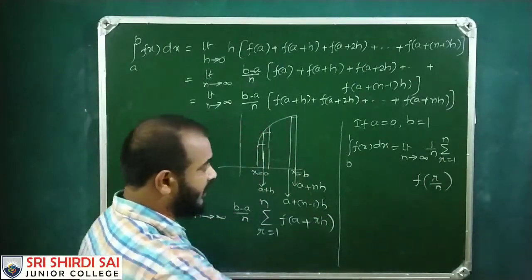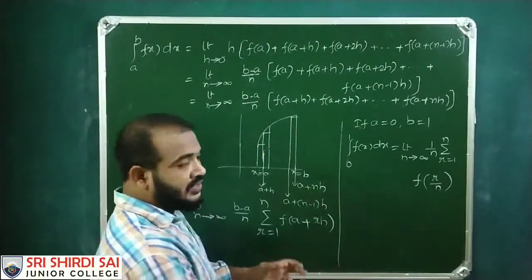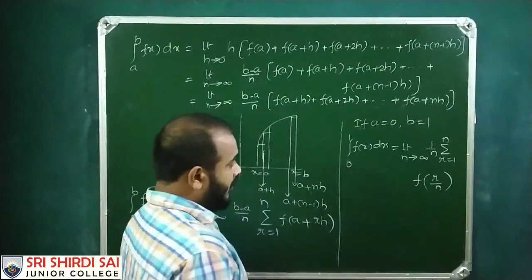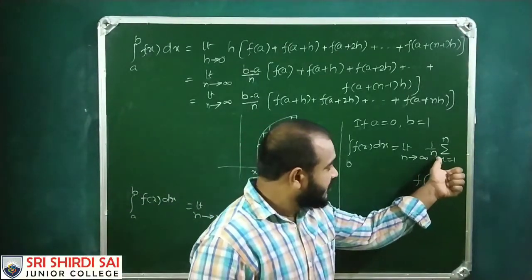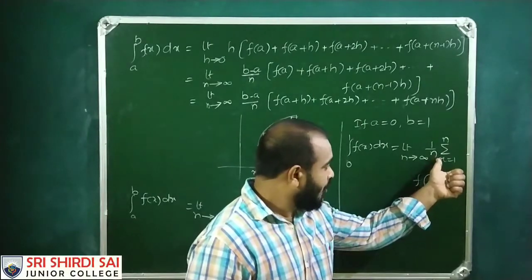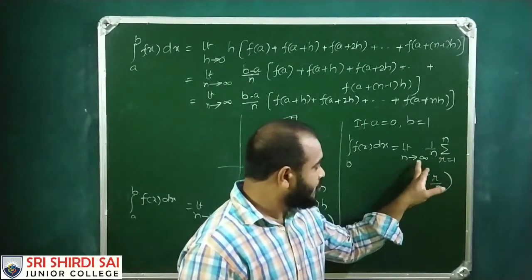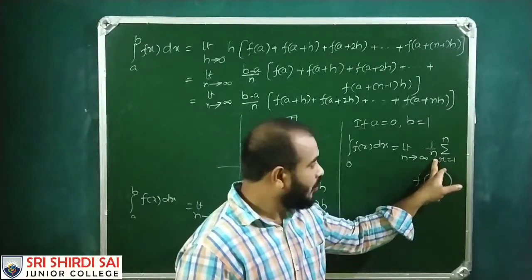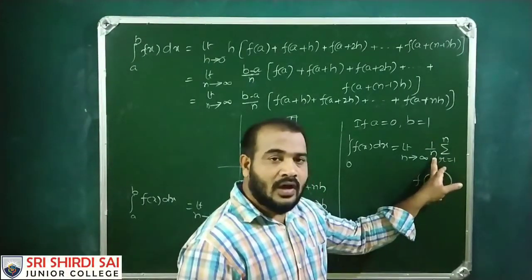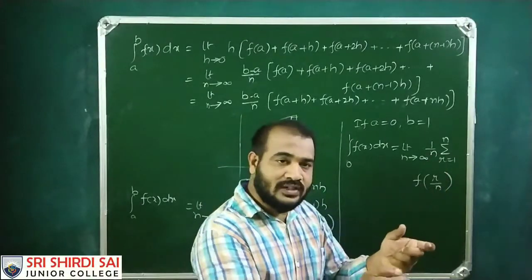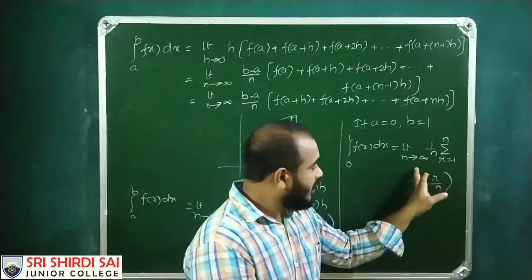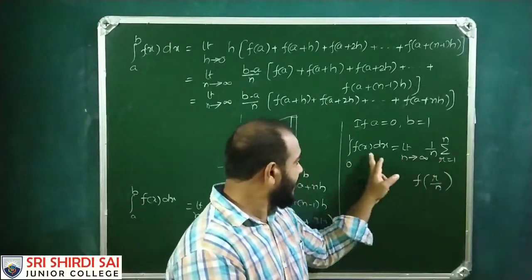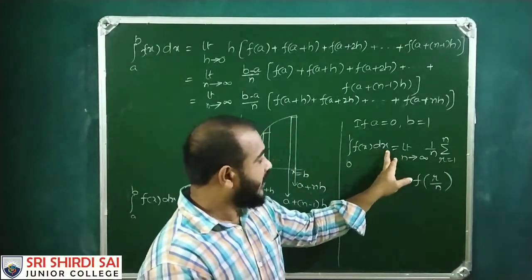So if we see this, a few things we can notice. As n tends to infinity, 1 by n tends to 0, so it is approaching 0, a very small quantity in the limit notation, which here can be dx.